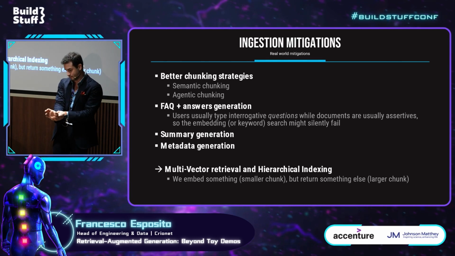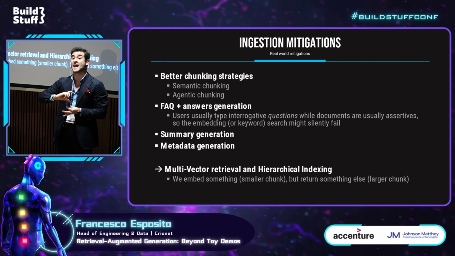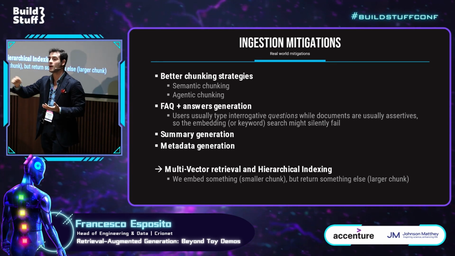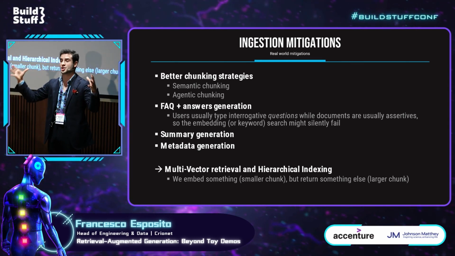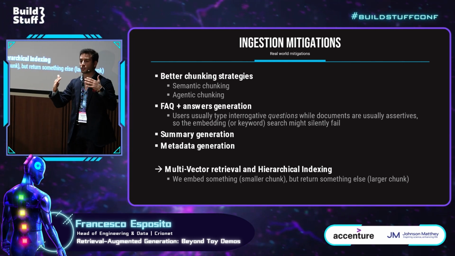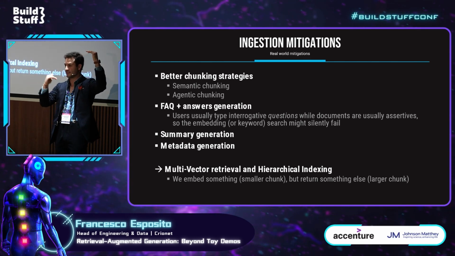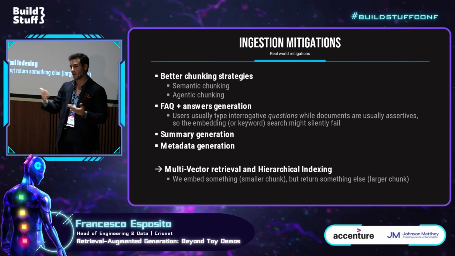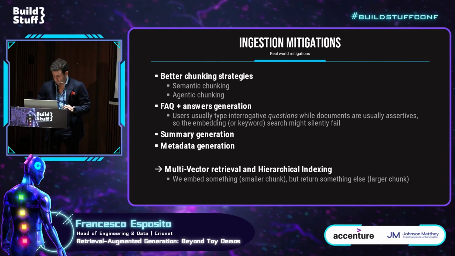So we embed small pieces of text so that the similarity search would work definitely better, but we give the model a bigger chunk with more context. It's not perfect. Of course, if the relevant context is at the beginning of the document and the chunk I'm interested in is at the end, this approach will not work, but it will cover a lot of cases in between.